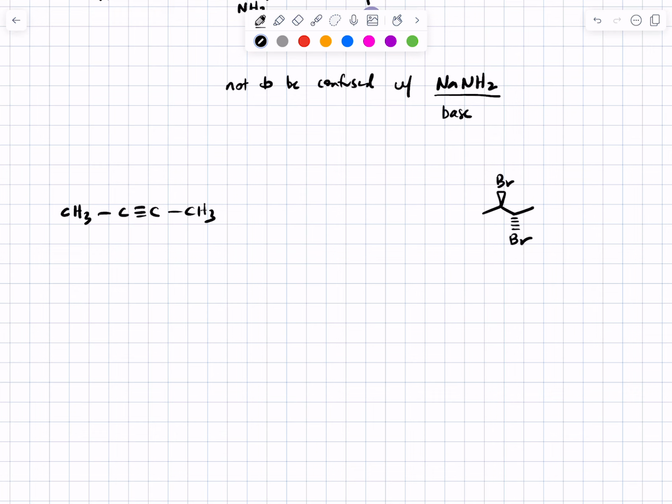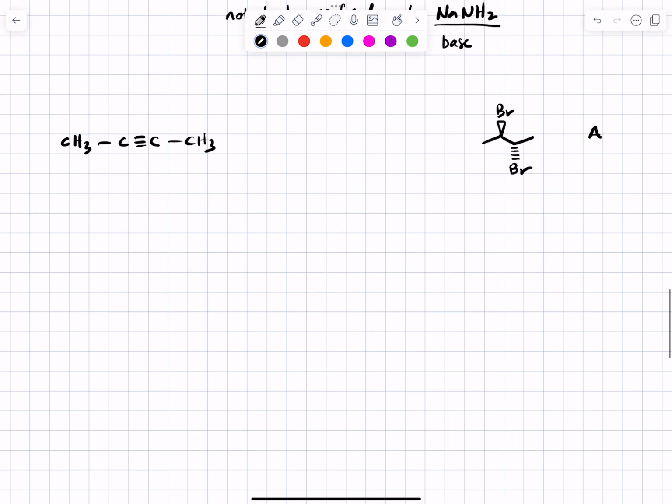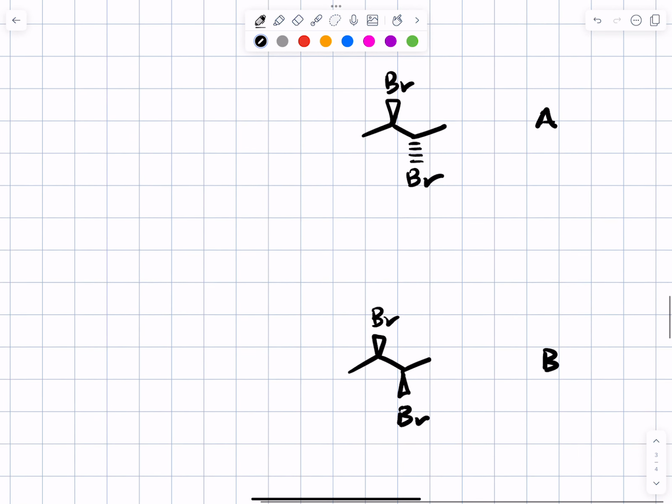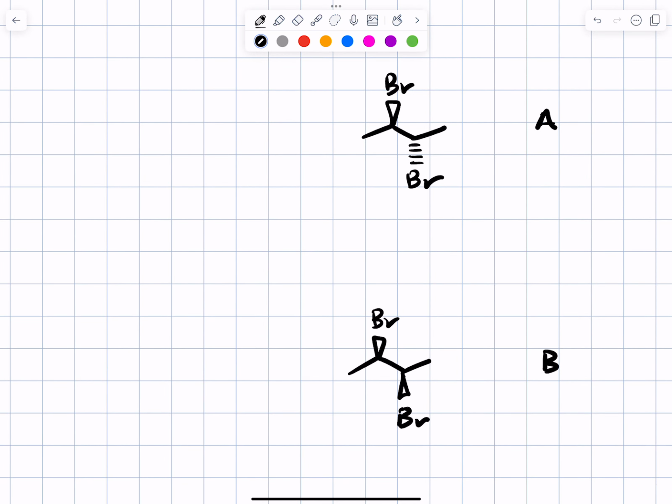I want this product A, well, sure, fine, and then its diastereomer B. Ooh, stereochemistry again. Which of these is chiral? A, B, or both?